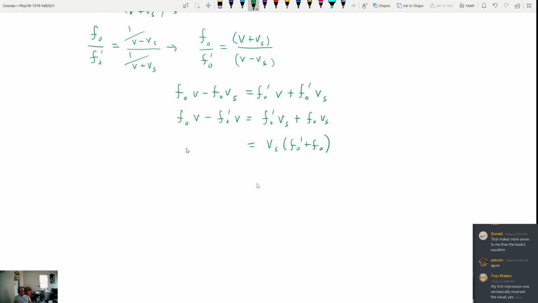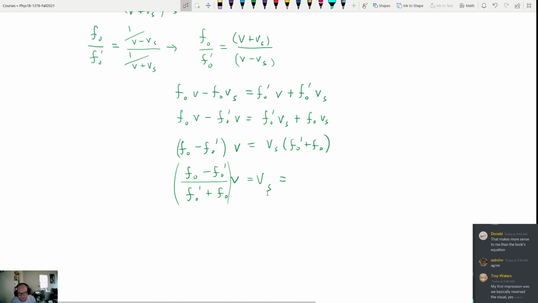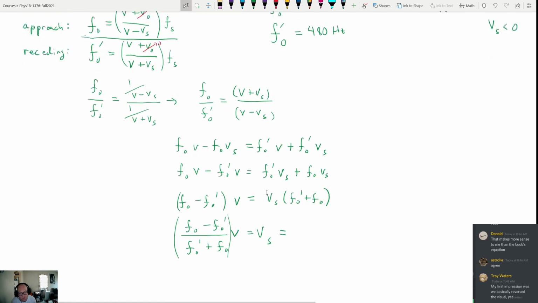And the left-hand side, we can simplify a little bit, and solve for Vs. All of this multiplied by V. Plug in the numbers. So FO was 560 and then 480.